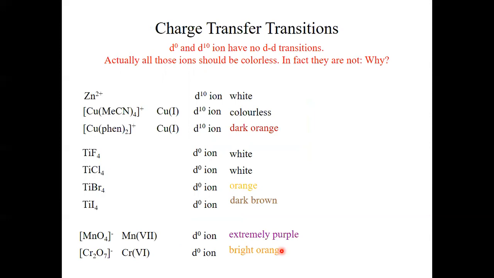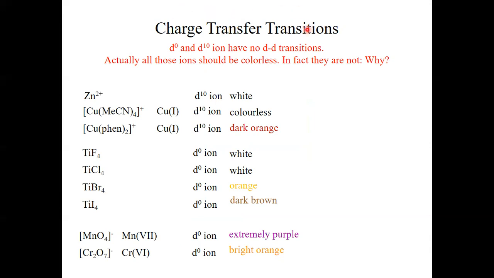Now, let us consider a last possible type of electron transition, which is called the charge transfer transitions.